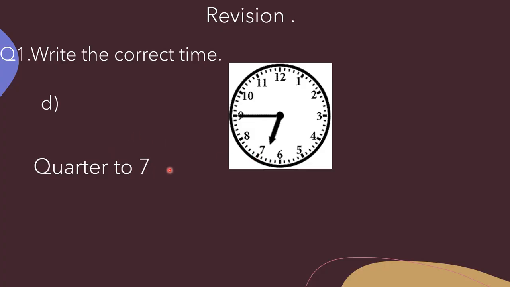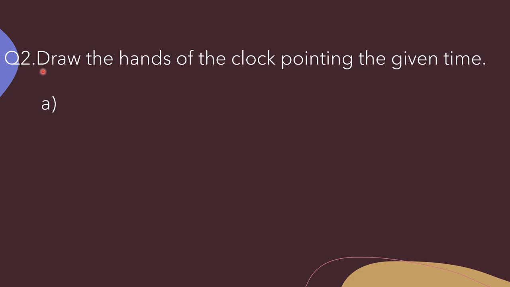Or in another way, how can we write it? 6 hours have been completed here and the minutes completed are 9 multiplied by 5, that is equal to 45. So here we will write 6:45. Or one more way to write it is 15 minutes to 7. That is, how many minutes remain before it is 7 o'clock? 15 minutes. Understood beta?